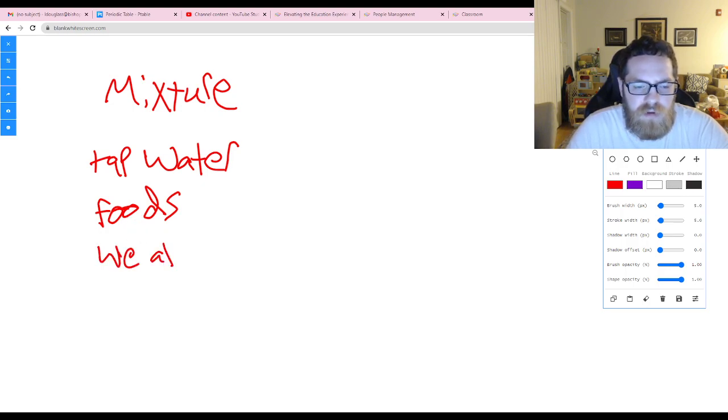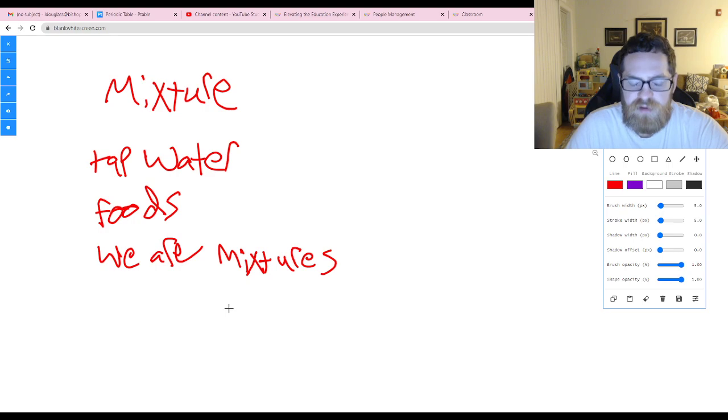We are mixtures. We are made up of muscle and bone and skin and blood and water and all sorts of different tissues. So we are one giant mixture.